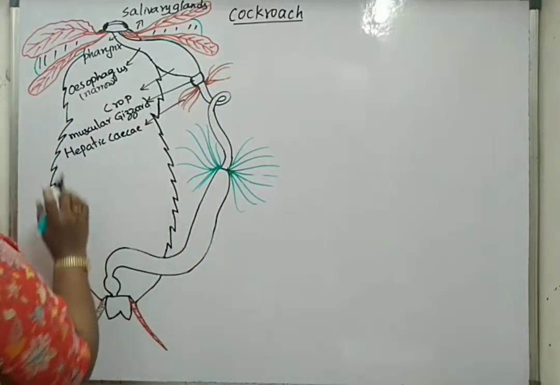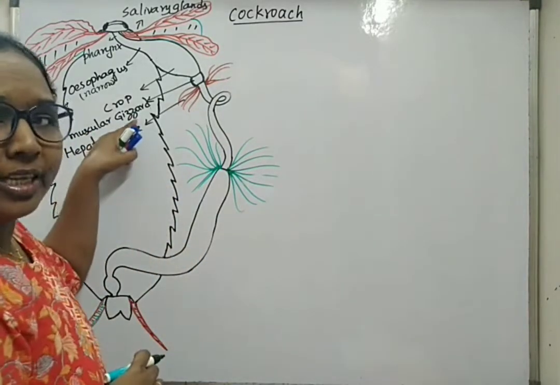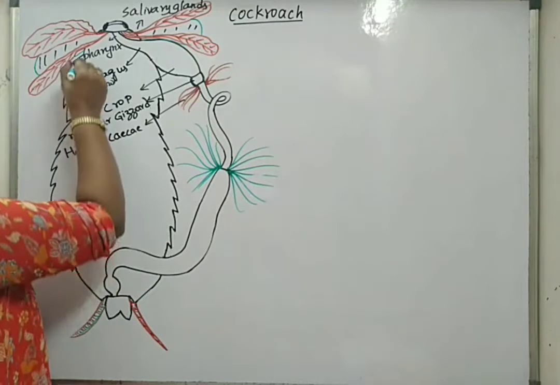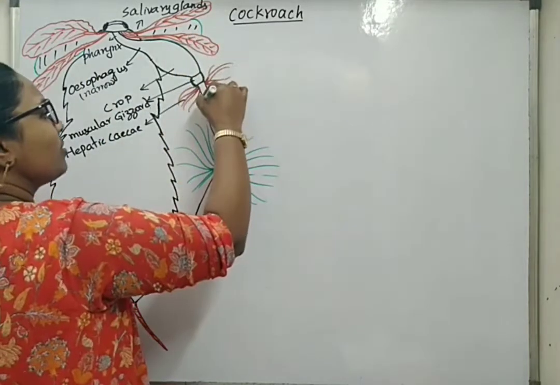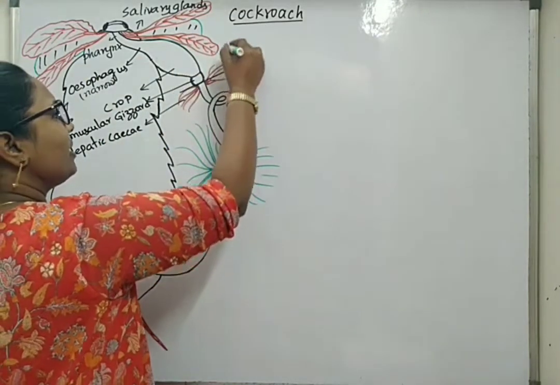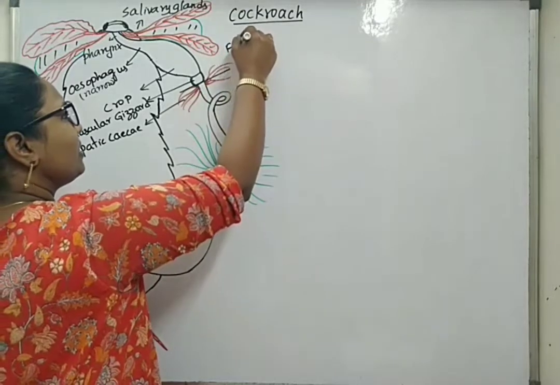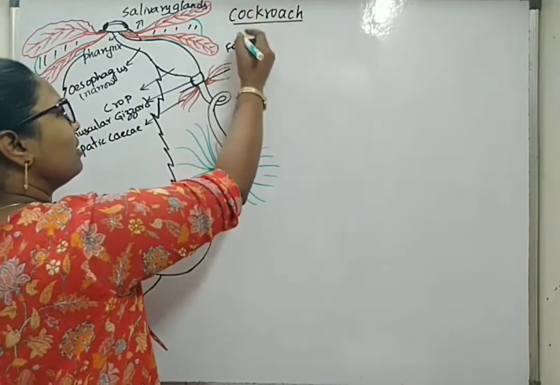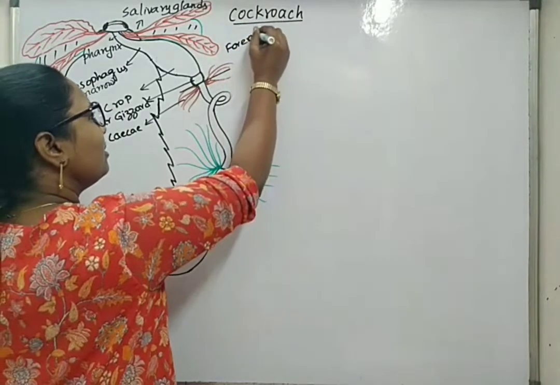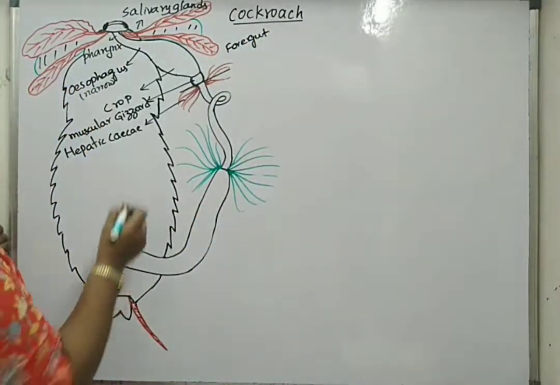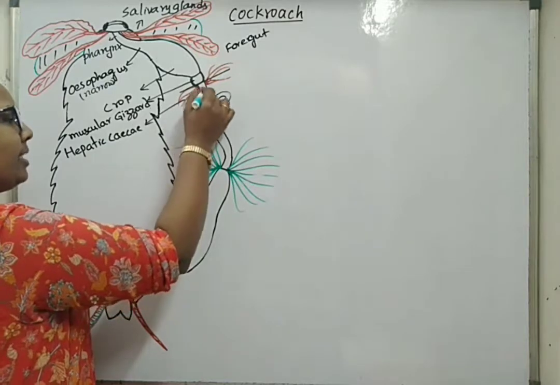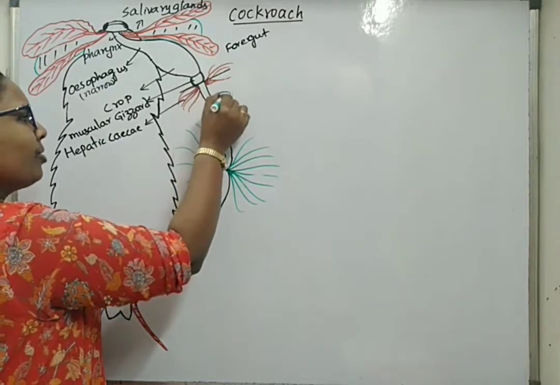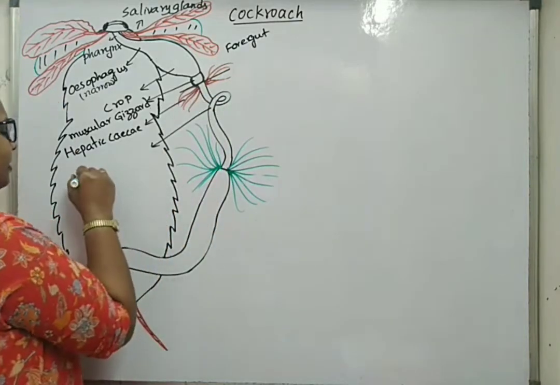So, up to the area of the gizzard, the structures are called the foregut. Next will be the hepatic caecae, and it is leading into the coiled narrow midgut.